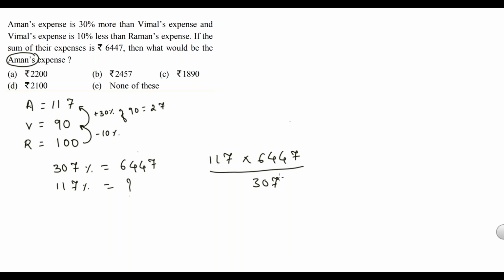So can we divide 307 by any number? Three, not seven, by which number can we divide? Or it's a prime number.